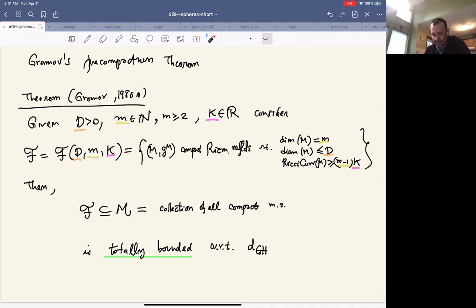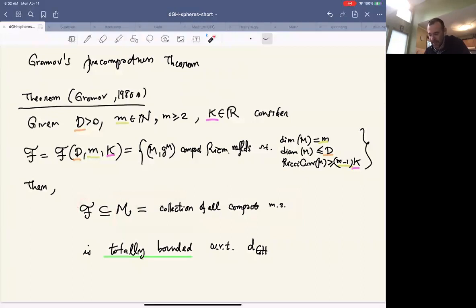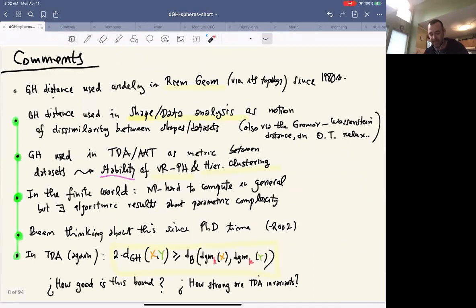Then, as a subcollection of the collection M of all compact metric spaces, if you endow M with the Gromov-Hausdorff distance, F is totally bounded there. The Gromov-Hausdorff distance is a fairly nice and general notion: it's a metric on the collection of metric spaces that has a lot of nice properties.